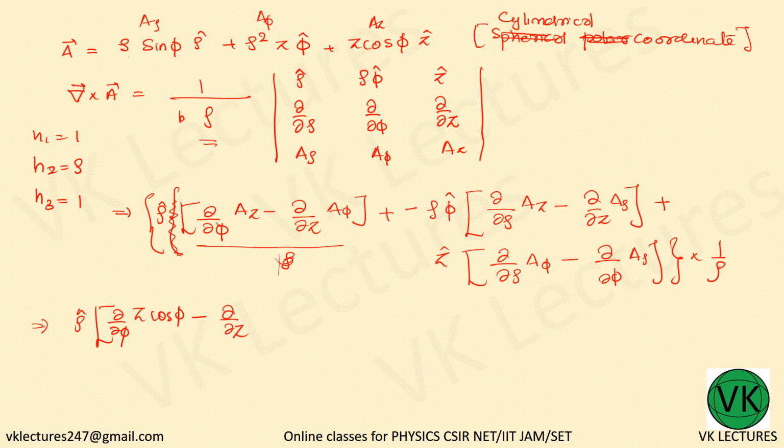What is A phi? Rho square z. Minus rho into phi cap into dou by dou rho of Az. Az is z cos phi, minus dou by dou z of A rho, A rho is rho sin phi.